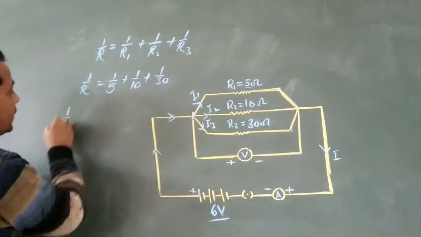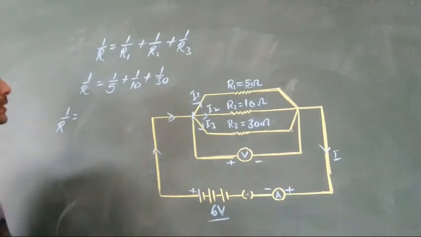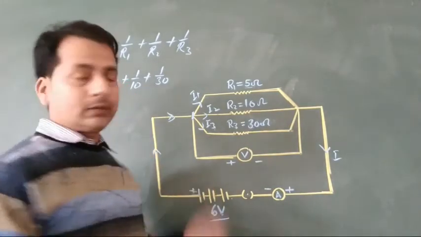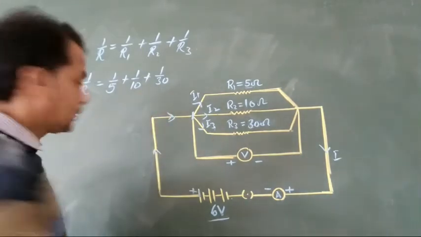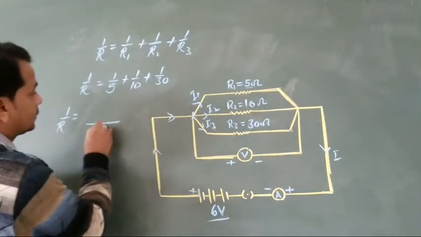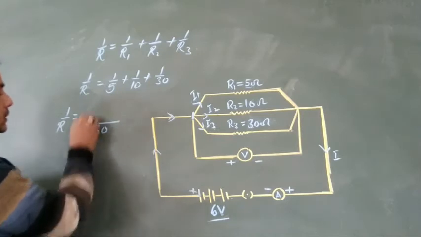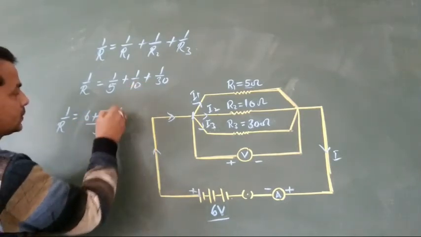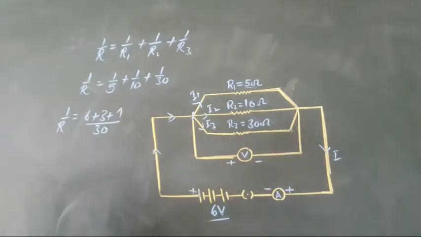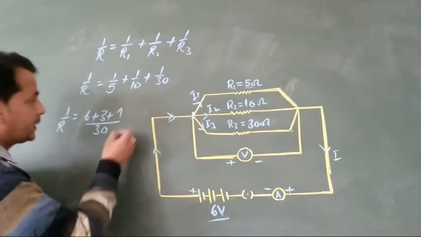The LCM of 5, 10 and 30 is 30, so we get 6 plus 3 plus 1 by 30.